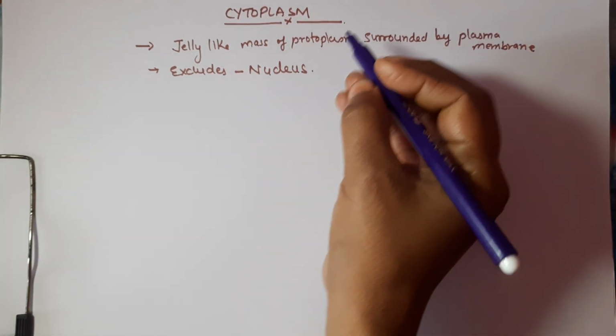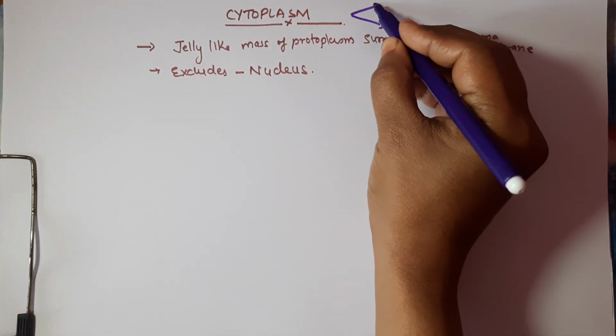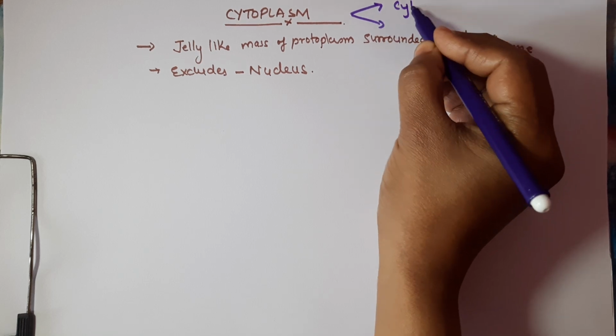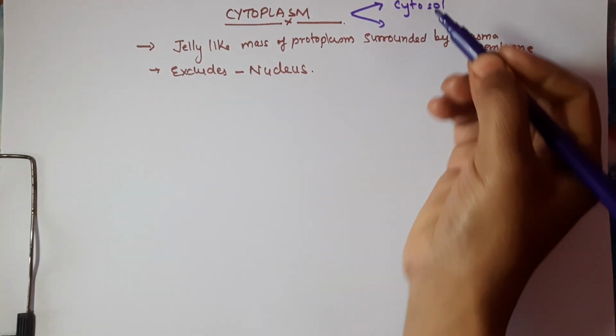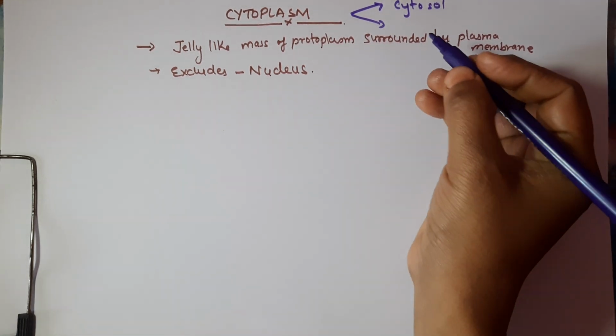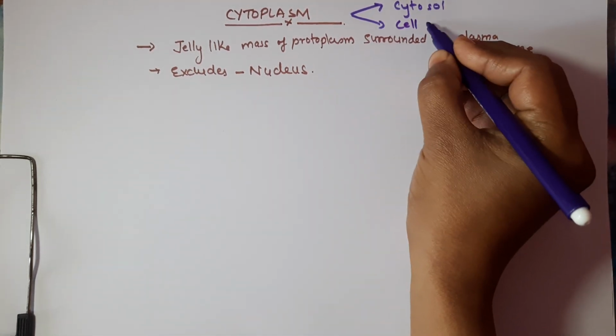Basically, the cytoplasm is divided into two. The first is cytosol, also known as the ground substance, and the second is the cell organelles.